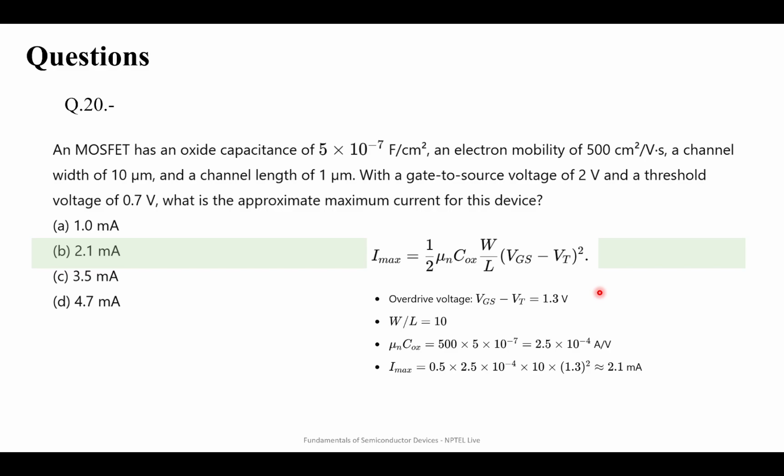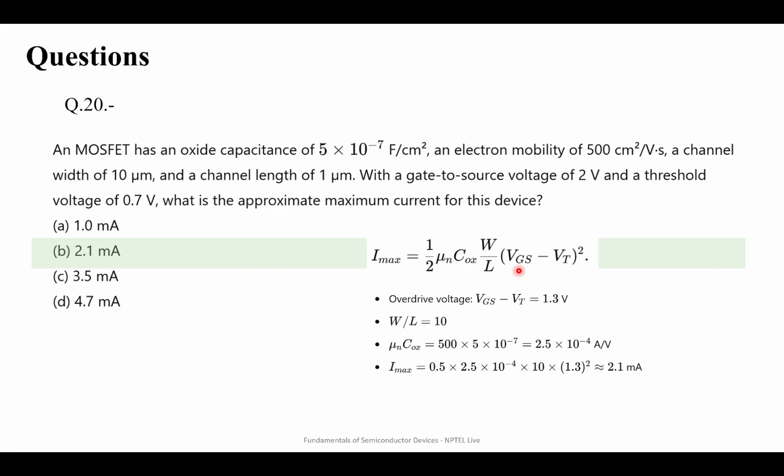From that, I have to calculate del I by del VGS. All these values are already given: mu n is 500, Cox is 5 into 10 to the minus 7, W by L is 10, VGS is 2, VT is 1. You multiply all that, you will get 2.5 milliamperes per volt.